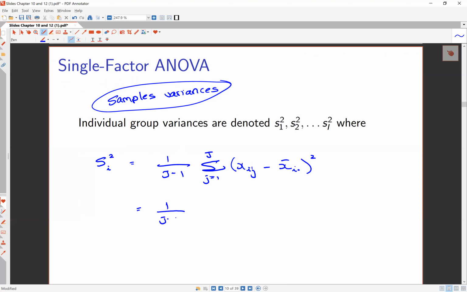Which in this case would be the sum of the squared observations in the group minus the sum of the observations in the group, squared, over the size of the group. So that would be the shortcut way of calculating the variance, a little bit less tedious most of the time.